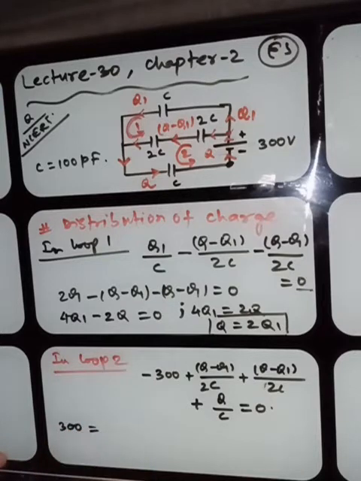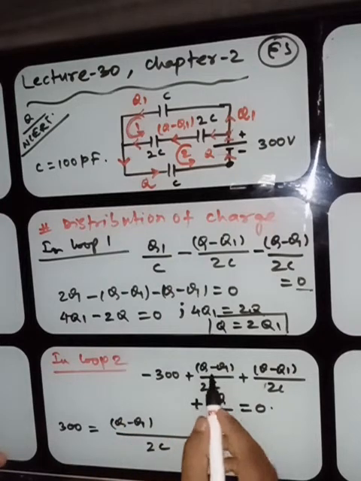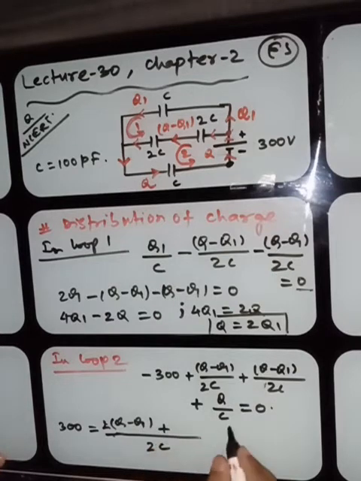It equals, with the LCM again 2C, Q minus Q1 here and here also, so multiply by 2. This 2 has been solved already, plus 2Q.